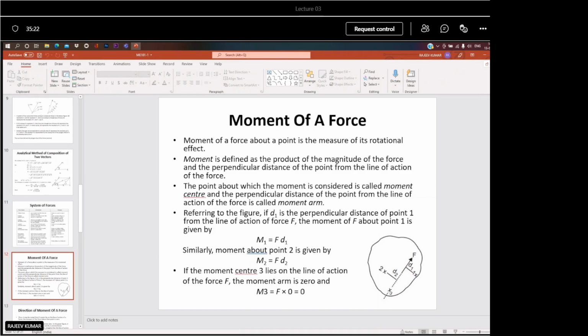Means whatever point you have taken, 1x or 2x, and a third point x3, about x3 you have taken the moment.